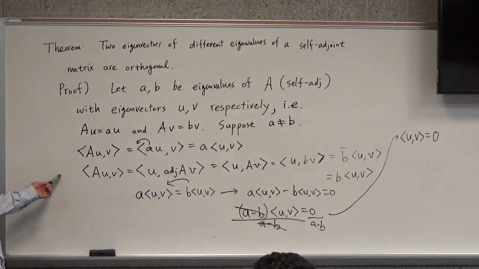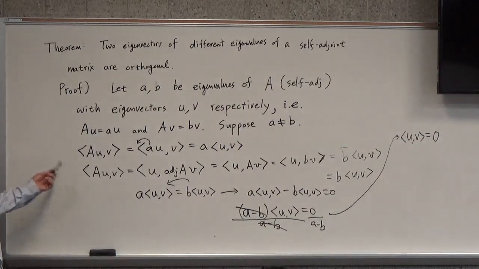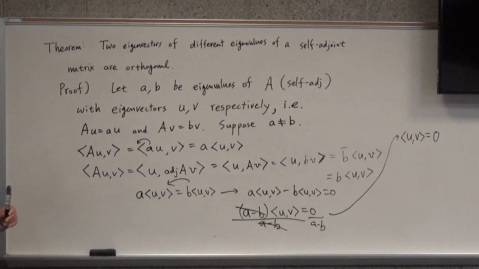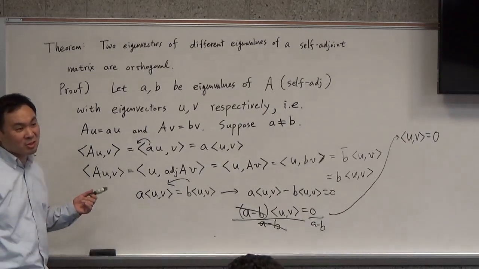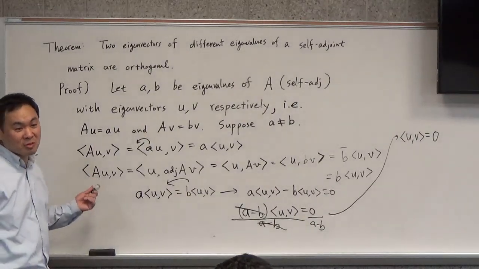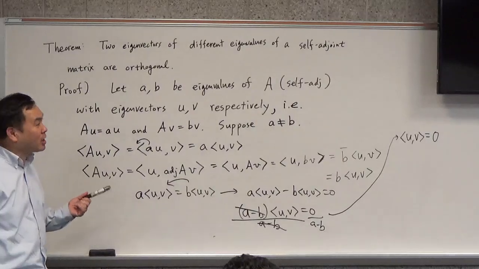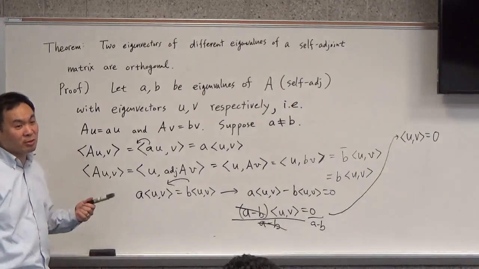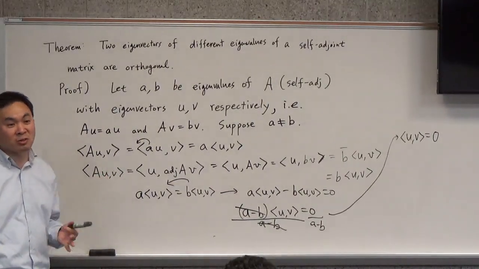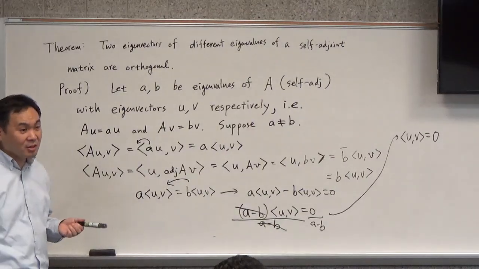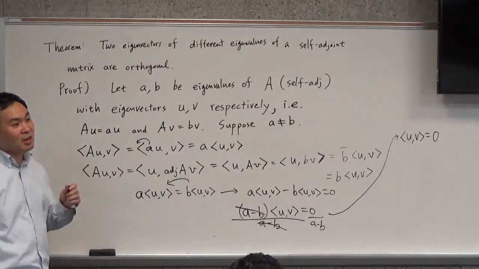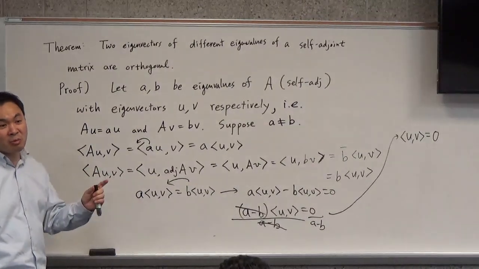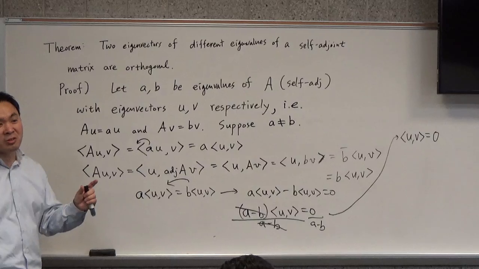This has actually far-reaching consequences as well because when we solve partial differential equations, we had this Sturm-Liouville problem. And Sturm-Liouville operators are actually self-adjoint with respect to some kind of an inner product on this function space. And that tells you that the eigenvectors of the Sturm-Liouville operator are orthogonal.